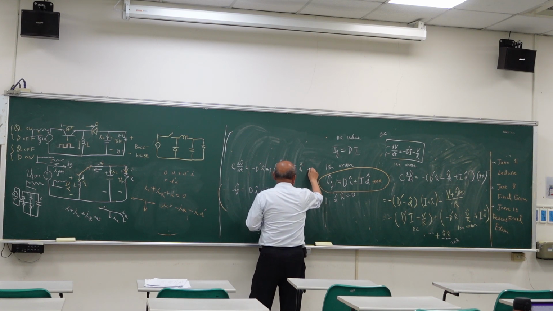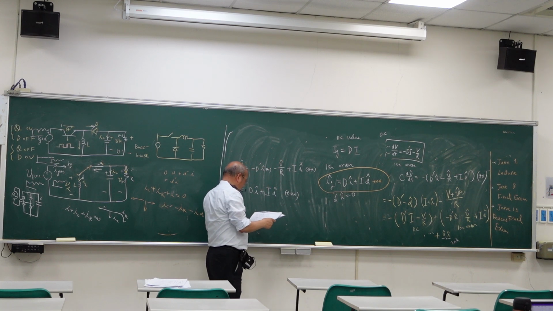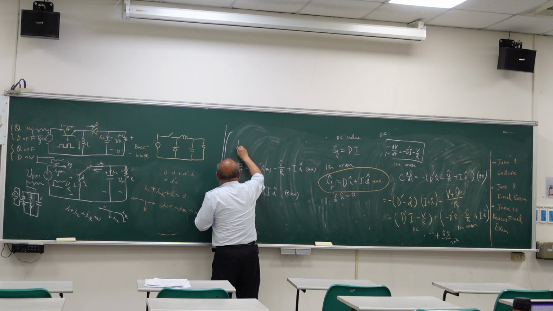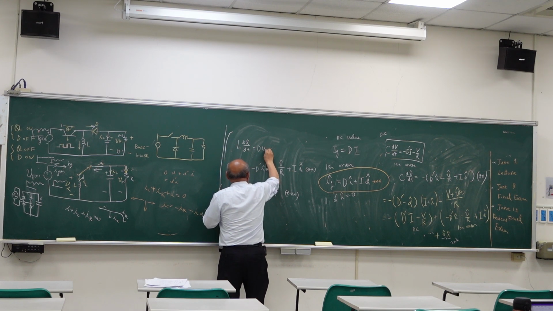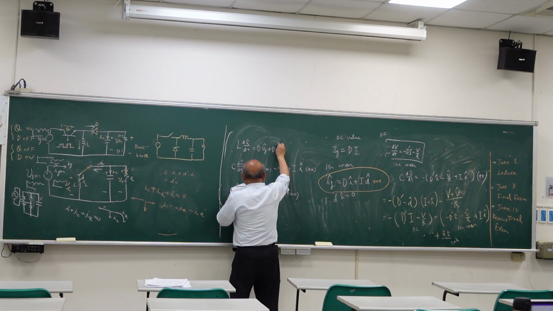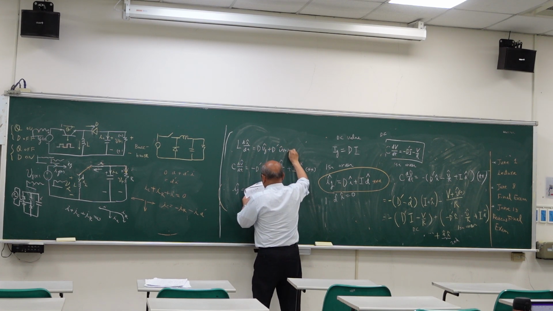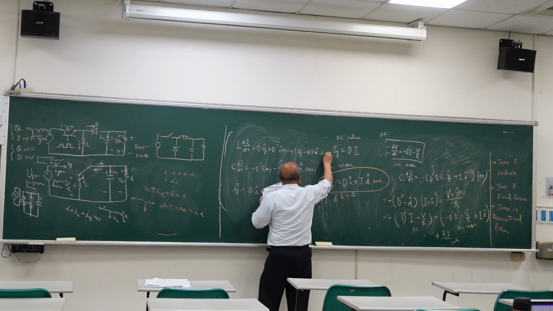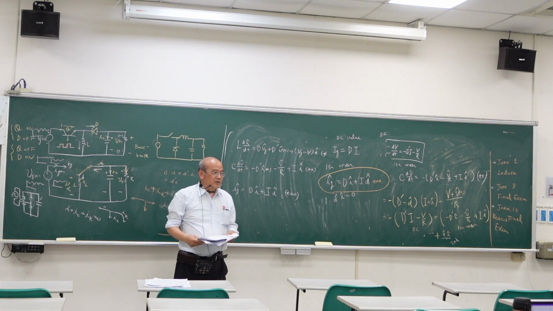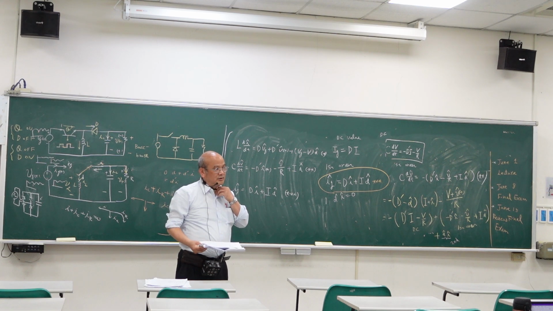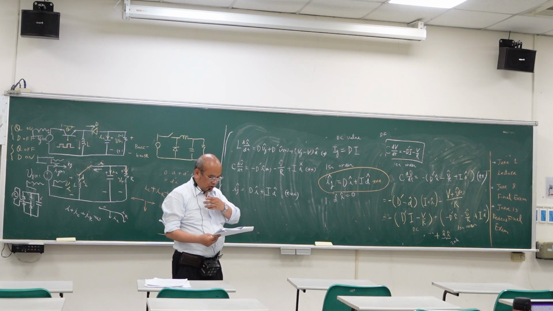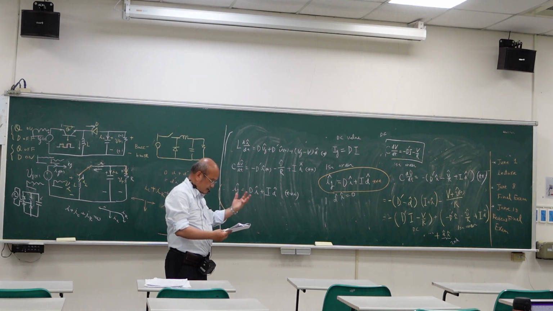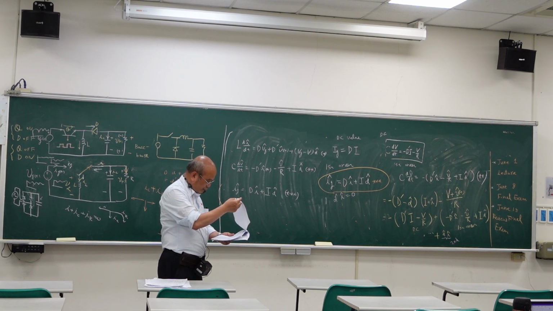So this is the second equation. The first equation: L dI hat/dt equal to D V g hat plus D' V hat plus Vg minus V D hat. So this is the first equation. 3 equations, right? Now we use the DC bias and the small signal, and we receive the 3 equations.